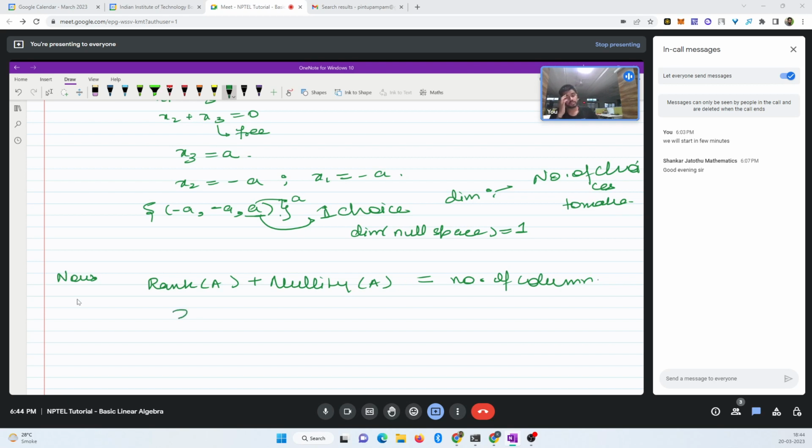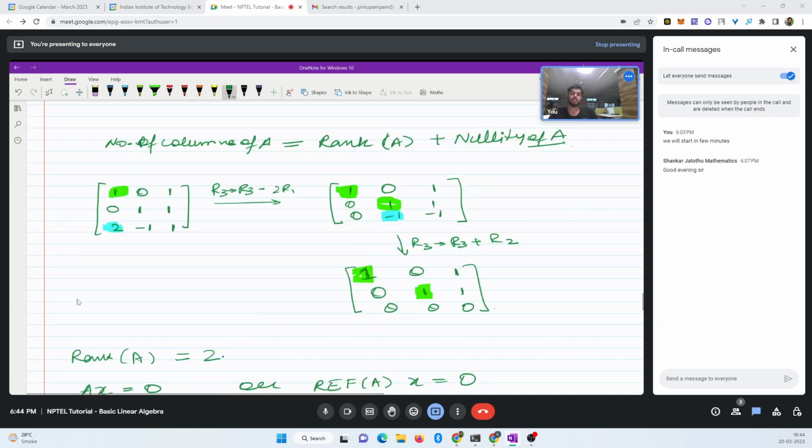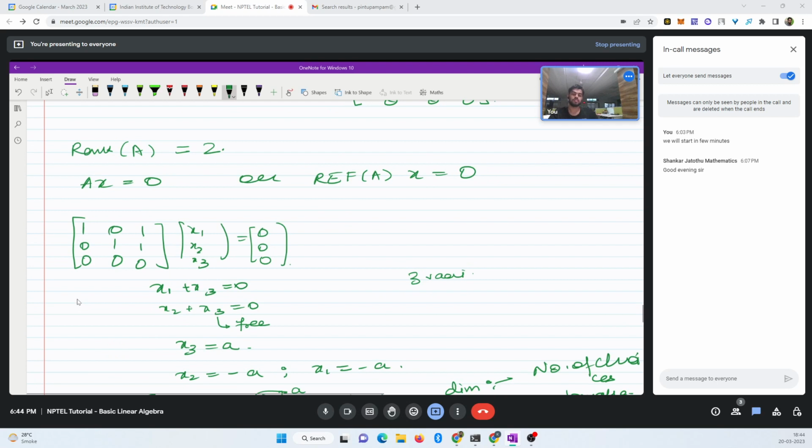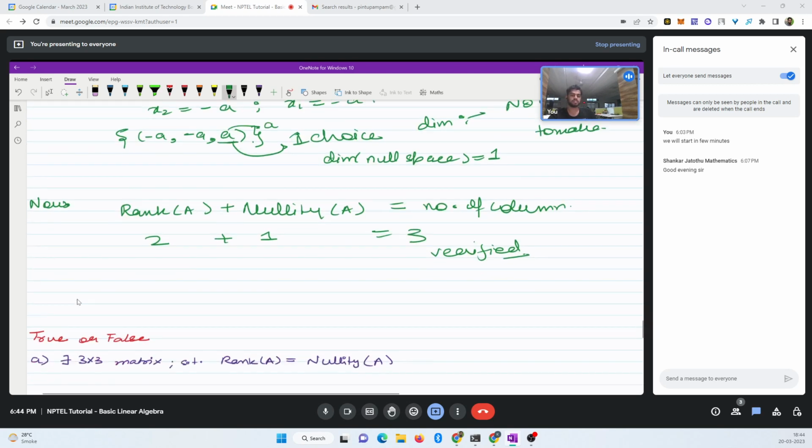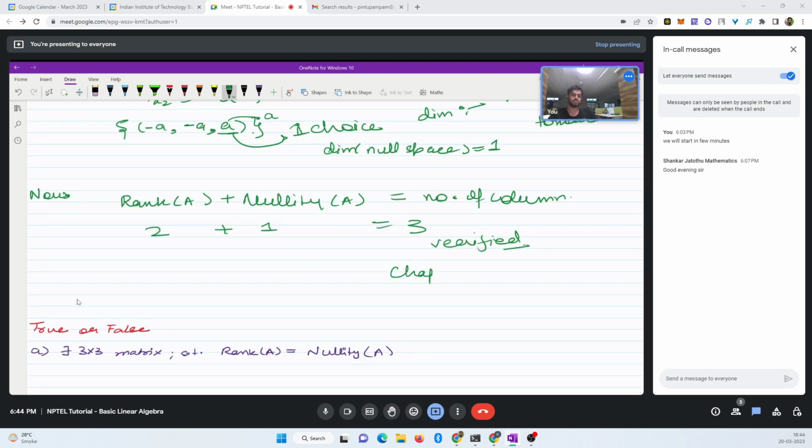Rank we obtained as 2, nullity we obtained as 1, and if you look at the matrix, we have 3 columns. So this thing is verified. With the help of an example, you can look into the proof. You will get it in chapter 2 of the Friedberg book.